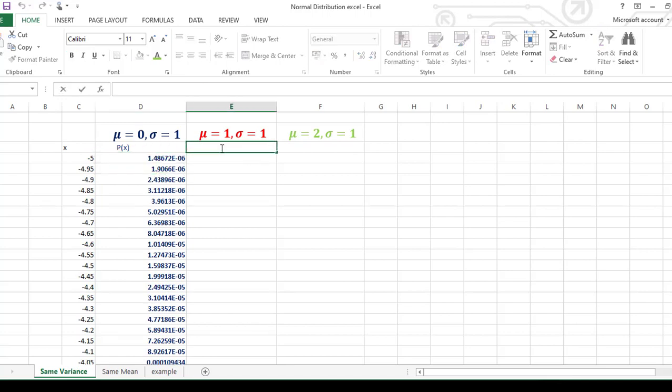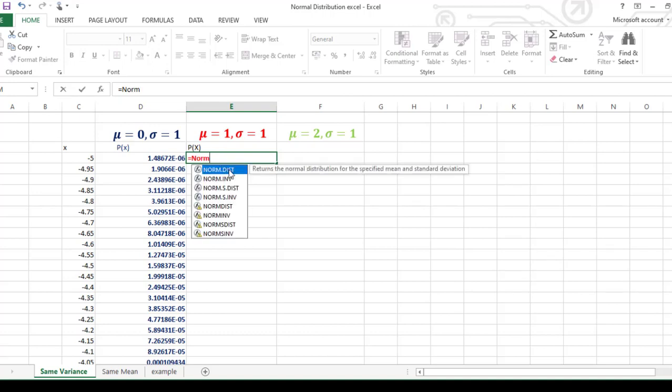Now let us calculate the probability for the case when the mean equals 1 and standard deviation is 1. Again I am inserting the normal distribution function. So here again I am linking the x with this cell.